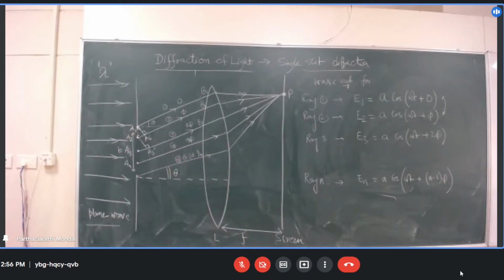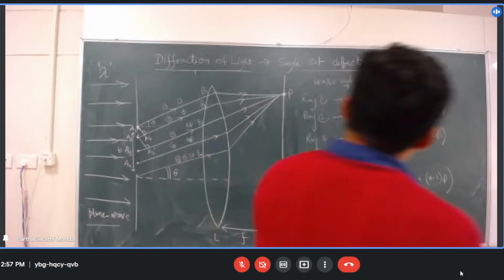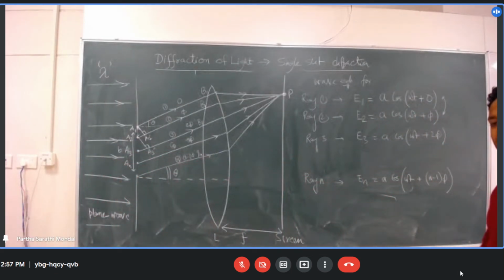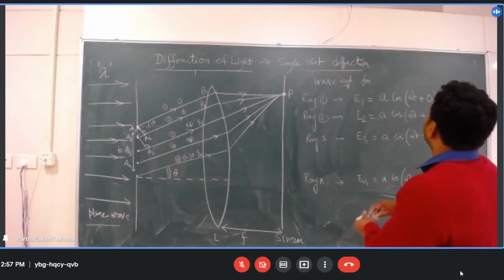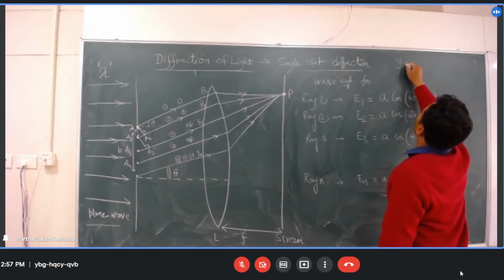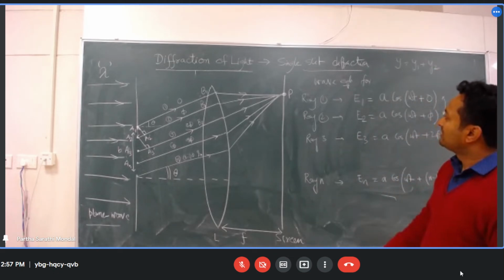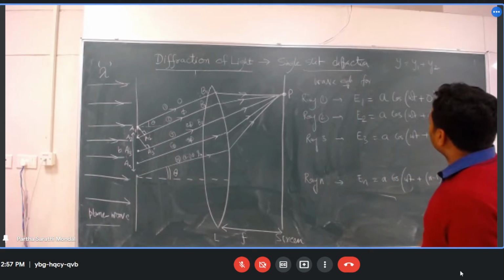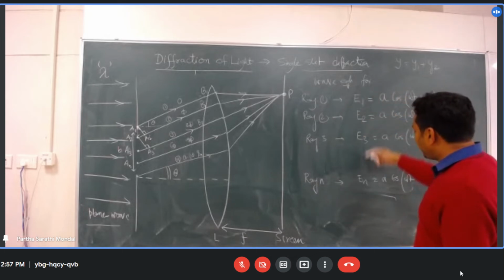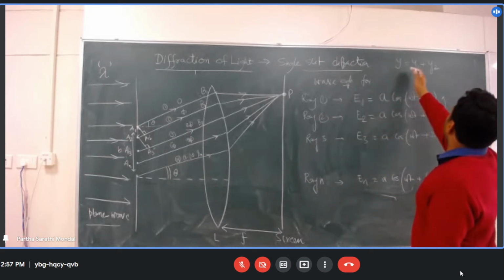Now हम लोग क्या जानते हैं? जब हम लोग analytical treatment of interference किए थे, तब क्या करते हैं? Superposition किए थे ना, y equals y1 plus y2, है कि नहीं? Arbitrary point में करने के लिए। तो यहाँ पे एक की जगह पे n number of sources हैं, so you will have to add all that.